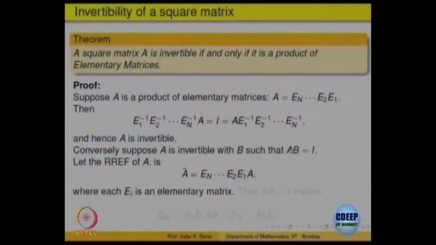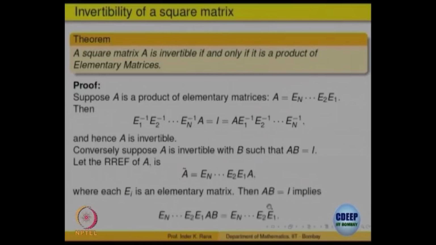Now, let us take this matrix A which is given to us and look at its reduced row echelon form. How do you get the reduced row echelon form? By pre-multiplying by some elementary matrices. So, we have denoted A tilde to be the reduced row echelon form of the matrix A, which is obtained from A by pre-multiplying by some elementary row operations. Each E i is an elementary operation.